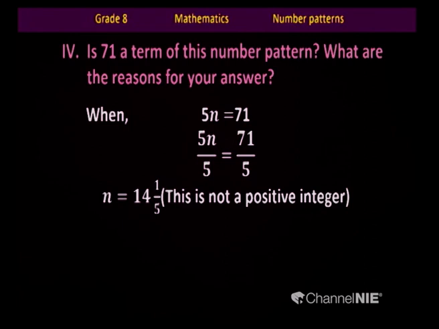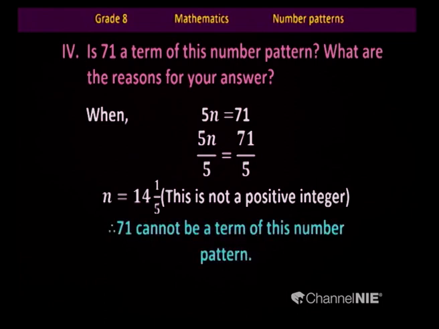So, can we have a mixed number as the number of the term? No, obviously you should have a positive integer as the number of the term. Why? We count in positive integers or else the counting numbers. Therefore, here the answer is not a positive integer. Therefore, we can say 71 cannot be a term of this number pattern.